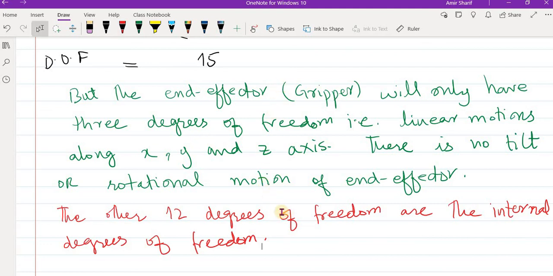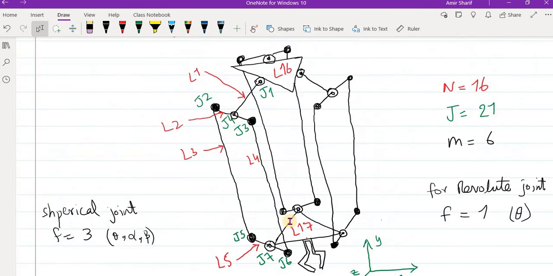So this is how we calculate the degrees of freedom of a 3D robot.